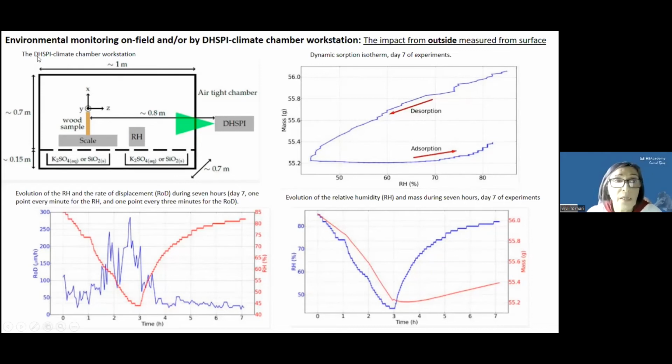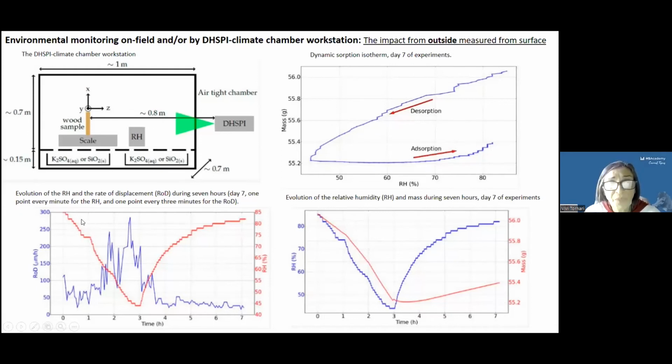We have this DSP climate chamber workstation in the lab, where we can simulate different environments, and by studying in real time the reaction of our samples, small movable objects of about 30 to 50 centimeters, because this is the dimension of our workstation, we can study in real time the reactions of the object.